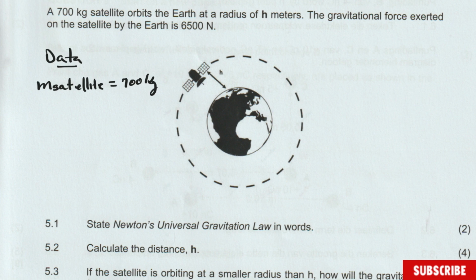The gravitational force between the Earth and the satellite is equal to 6,500 Newton. We are looking for h, which is what the question is asking. But know that h is only the distance from the surface of the Earth to the center of that satellite.